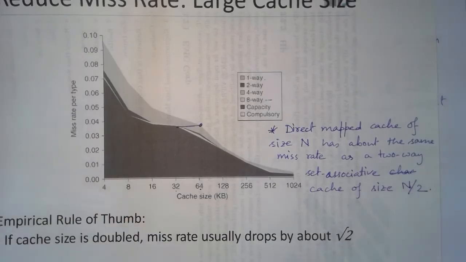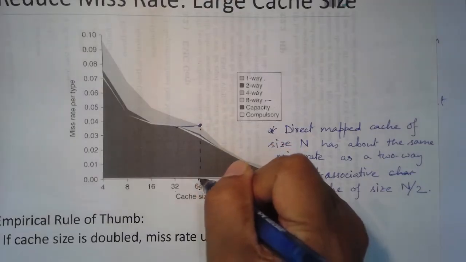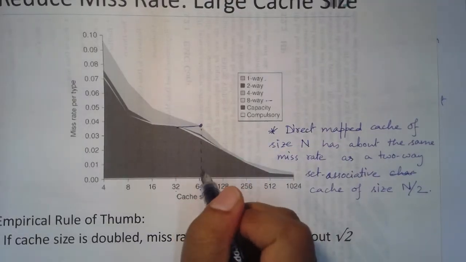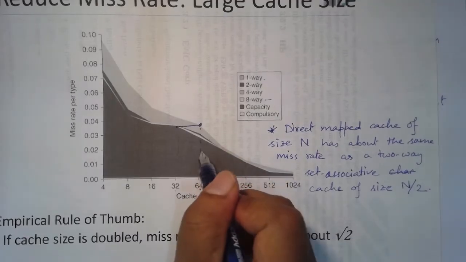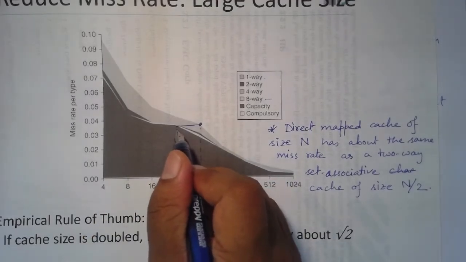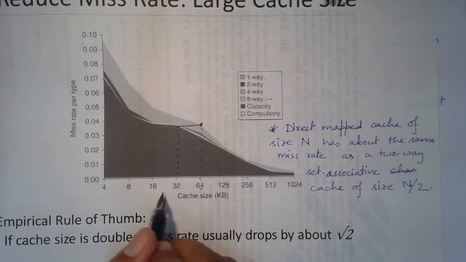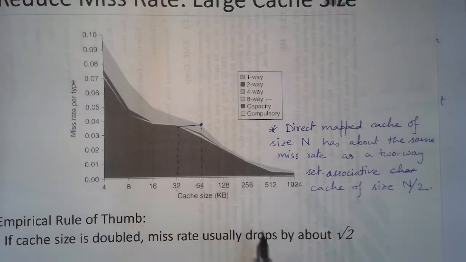All right, and you can see this from here. A direct map cache of size 64 KB has almost the same miss rate as a two-way set associative cache of n by 2 size, which is 32 KB.